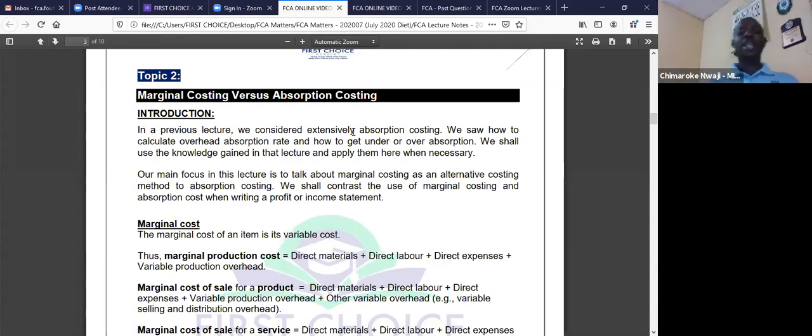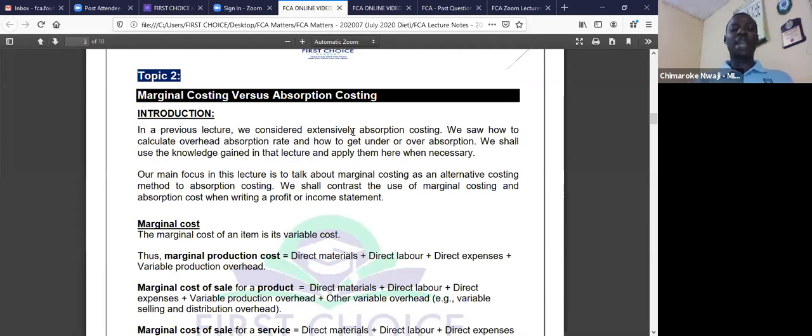So why is this cost being marginalized? What makes it marginalized? This is because it is not a full cost. Something is denied it. And that thing that is missing in marginal costing is the fixed cost.